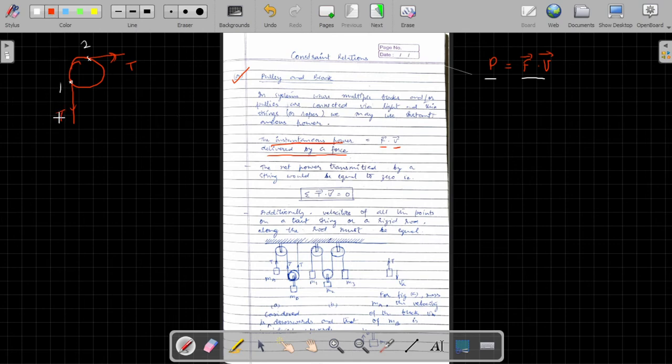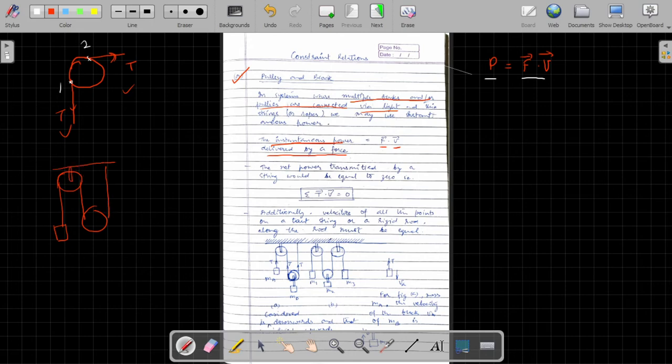Now the concept behind doing these problems is that when multiple blocks and or pulleys are connected by a light string, for example a case like this, and it's not important which case we are taking.